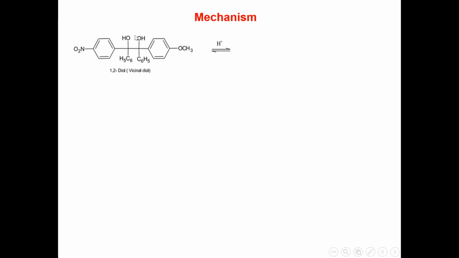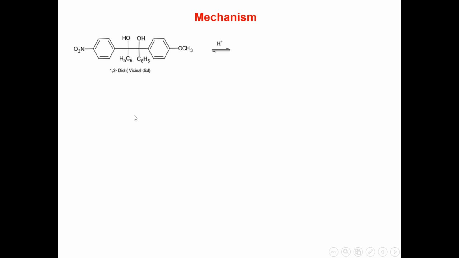Here, there are two OH groups which equally have opportunity to get protonated. Here, the OH group to which the anisyl group is attached gets protonated rather than the OH group to which the paranitrophenyl group has got attached.